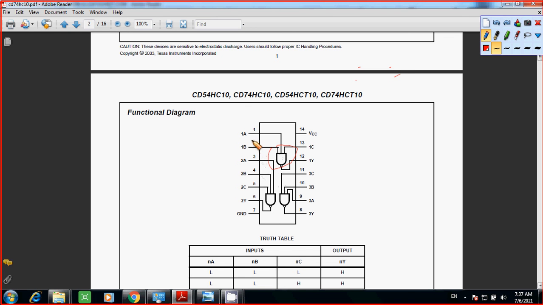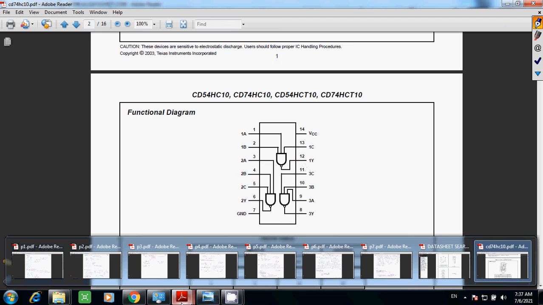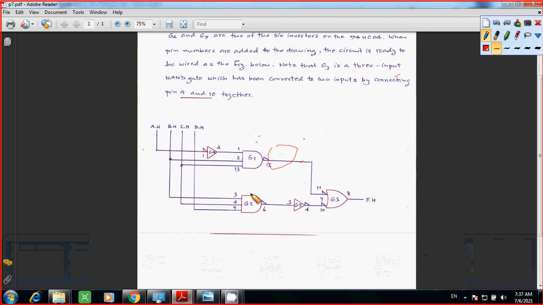You have the inputs, pins 1, 2, 13, and your output is 12. That's why we have the pin labels on your final circuit as 1, 2, 13 as the inputs, and your output simply pin number 12.